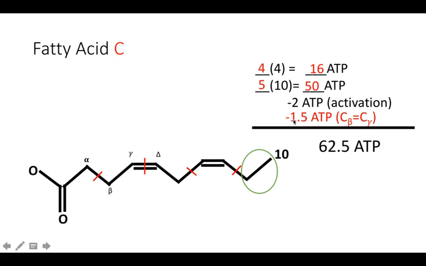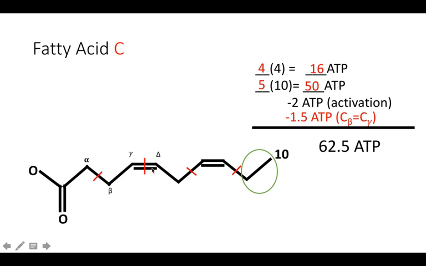And then I'm going to show you both of these double bonds here. So I'm actually going to only end up minusing 1.5. The reason is if I look at this first one, this is a bond between the gamma and delta carbon, which we actually don't end up subtracting any ATP from.